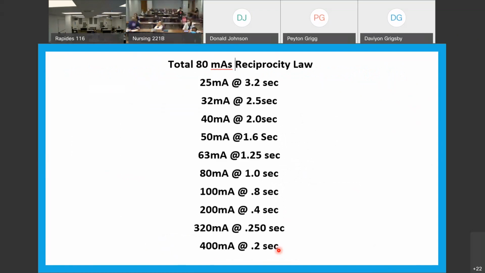That is a breathing technique chart. That is all the settings that you can set on our control panel to get 80 mAs. Miss Doyle, out of all of them, which ones would give you a breathing technique allowing motion to occur?